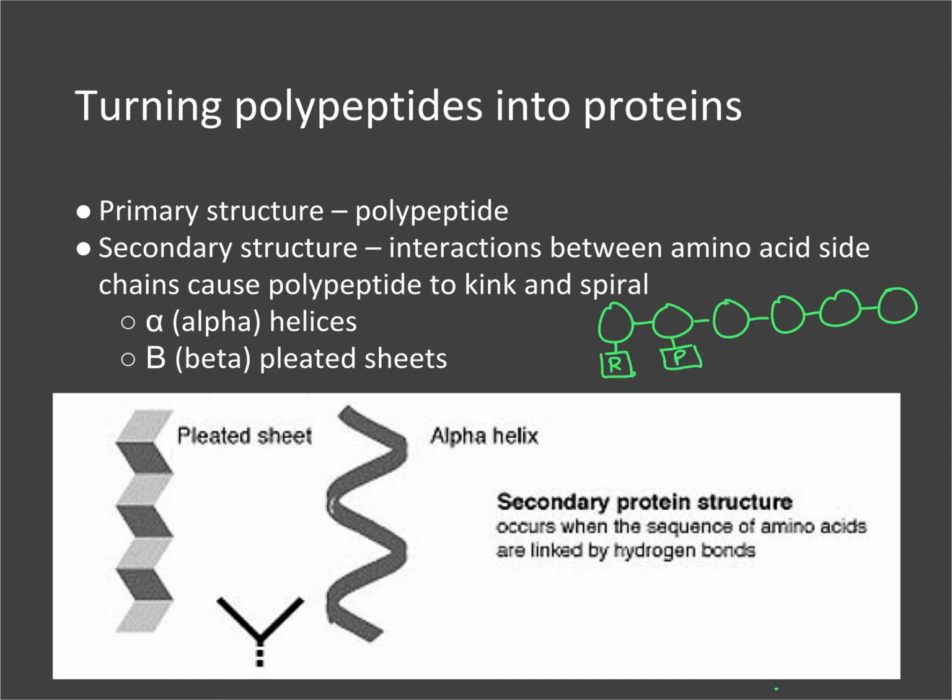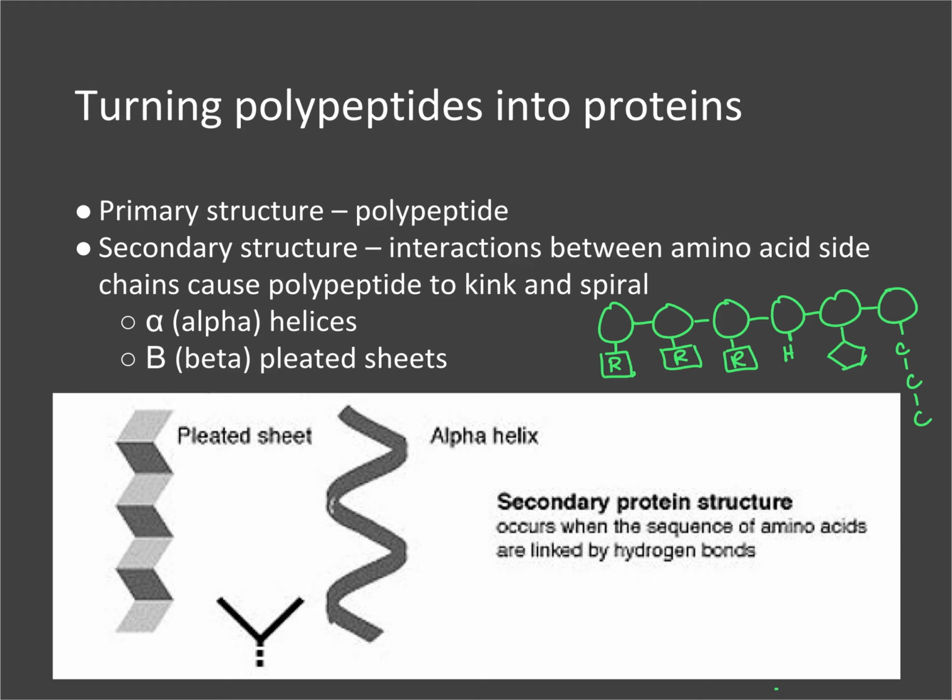We just use this R as a placeholder, but sometimes these side chains are just a hydrogen, sometimes they're bigger molecules, and sometimes they're long chains of carbons. So they're taking on all these different shapes and sizes, and some of them are hydrophobic, some are hydrophilic, some are polar, some are nonpolar. There's a lot going on with these side chains.